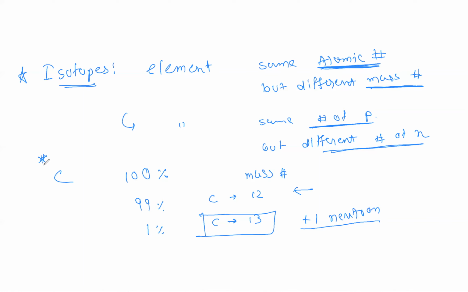But to accommodate this difference, when we try to find the average atomic mass, which we can also call the mass number, we need to consider both of these. Let me give you an example of the way you may see that question in the exam. That's all you need to know for isotopes.